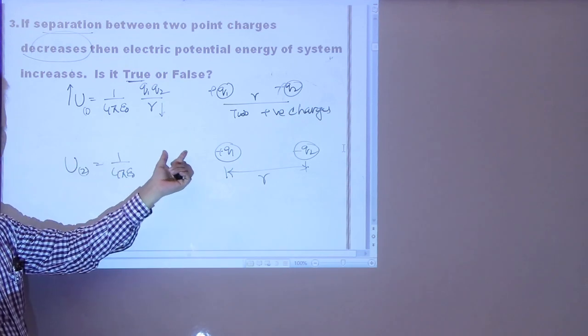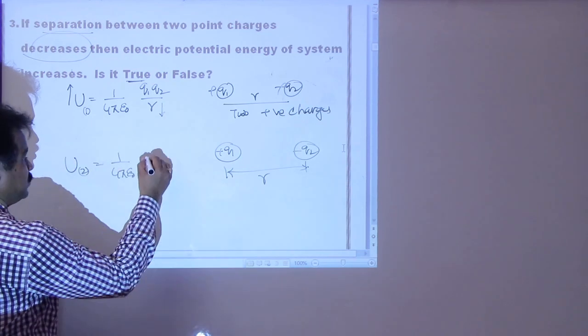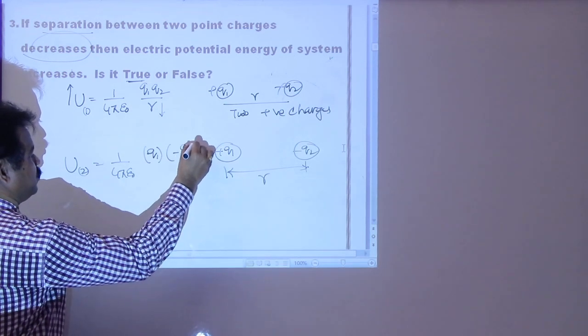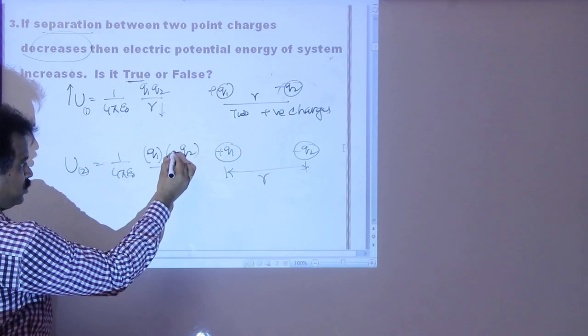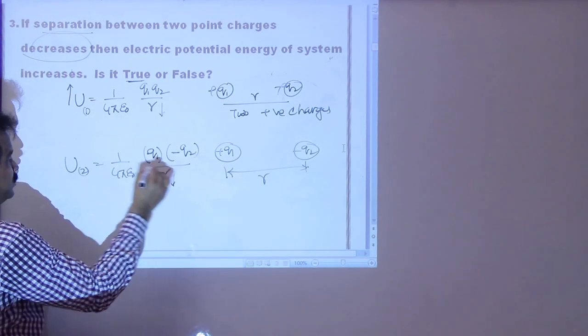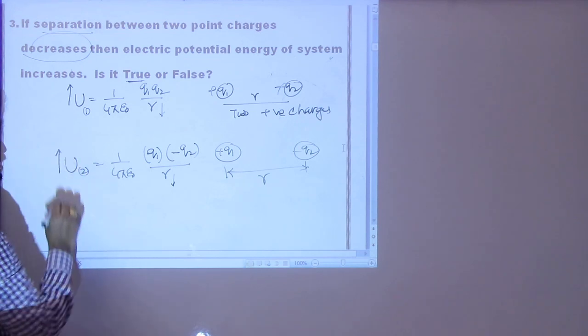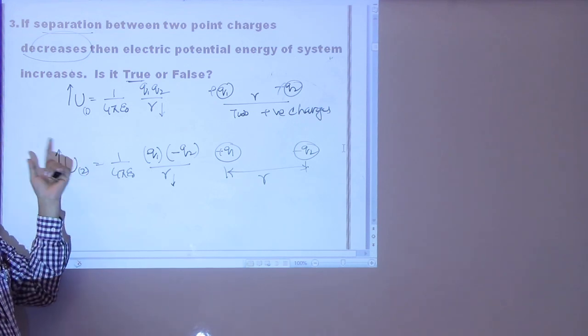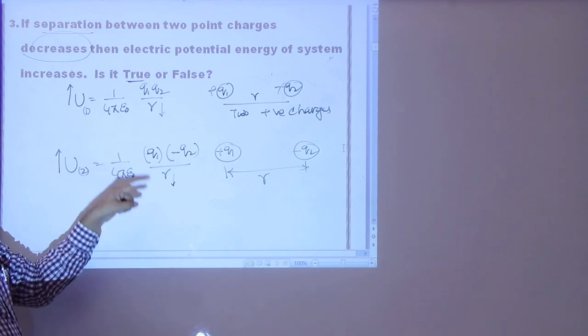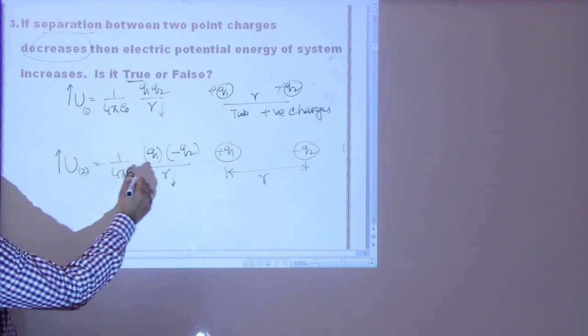As it is a scalar quantity, we need to consider the signs of the charges also, which is Q1 into minus Q2 by r. So this is negative. So this potential energy is negative. If r decreases, it will become more negative. More negative means its value decreases.